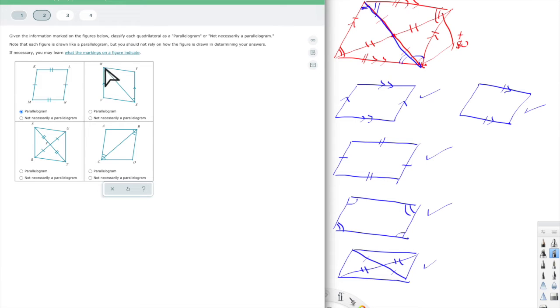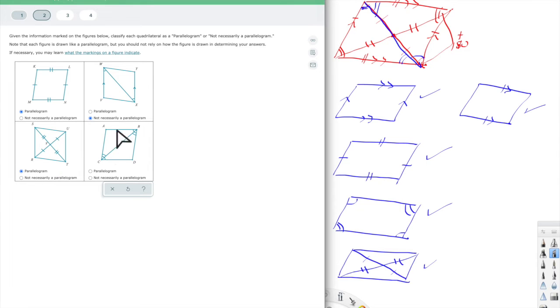I could show that this middle one is congruent to itself by the reflexive property, but because I don't have any other pieces, I'd only have an angle and a side. There's nothing else I could prove with this. So this is not necessarily a parallelogram. I need a little bit more information to continue on this one. This guy is showing me that the diagonals are bisecting. So this is a parallelogram. That's true. That's this guy down here.